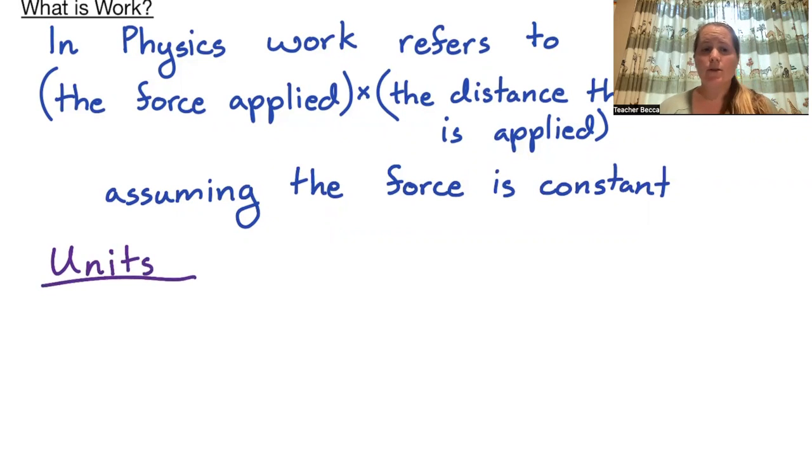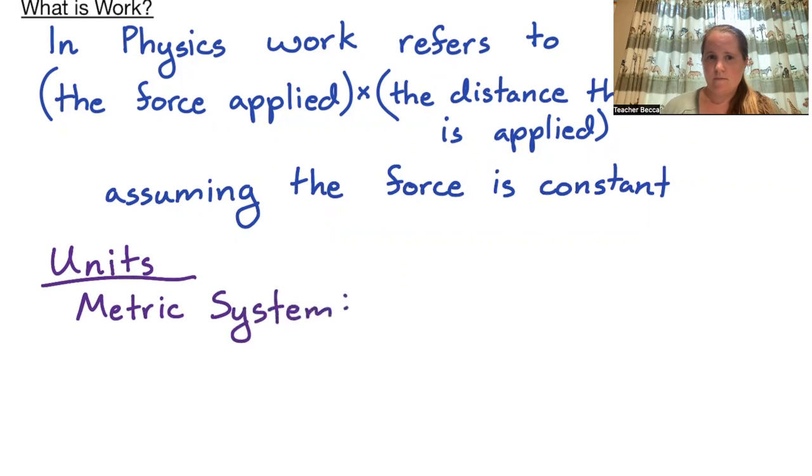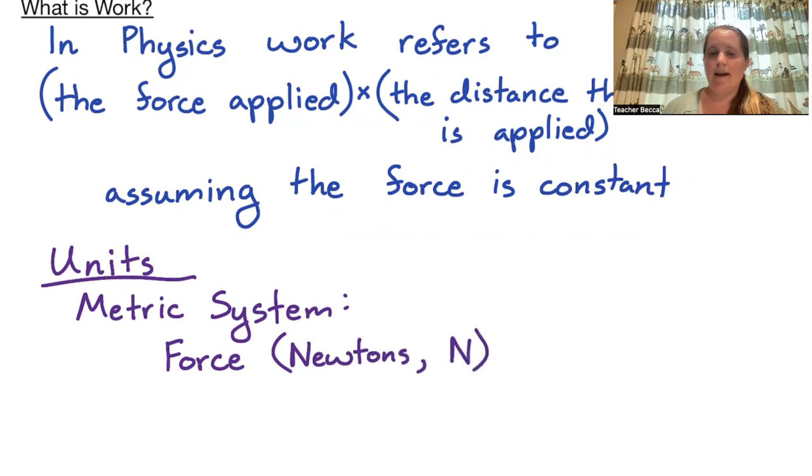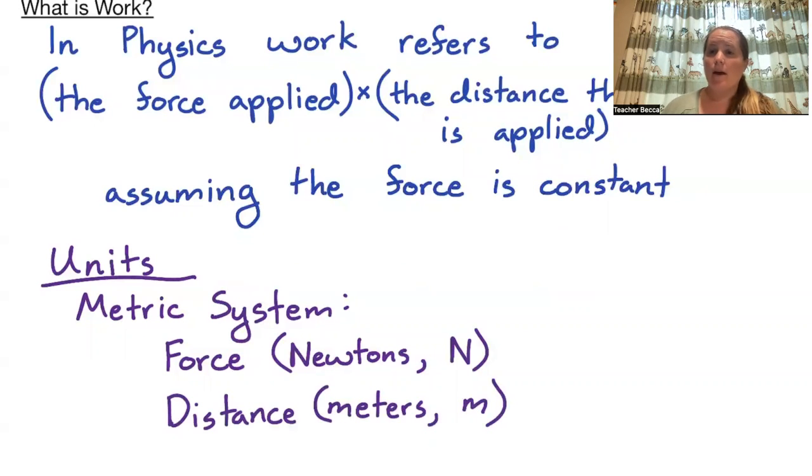In the metric system, force is measured in newtons, which we denote with an N. Distance is measured in meters, which we denote with an M. And work is measured in either Newton meters or joules.